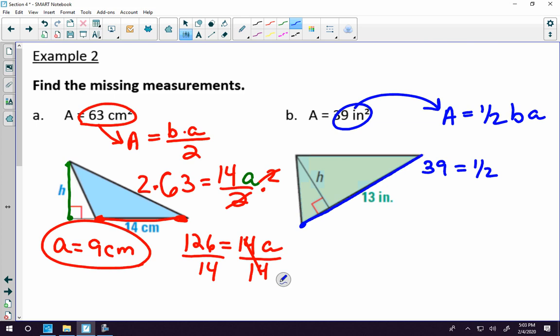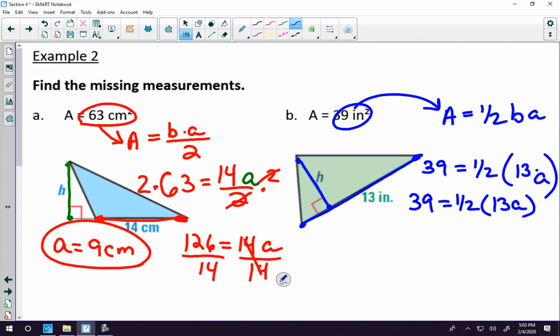The base length is 13, times the altitude. What segment is perpendicular to the base? That one. So we're looking for the altitude. Not always looking for the altitude, by the way. That is 13 times A. Sorry about the spacing there. Let me rewrite that for you. So we have 39 equals 1/2 of 13 times the altitude.